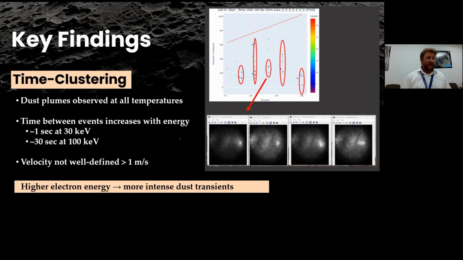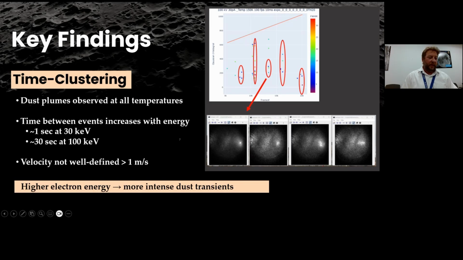One of the key findings is that each of these plumes had a clustering effect, where the time between events at 30K would be on the order of 1 second, even though it wasn't exactly periodic, even though here at 100K it looks very periodic.